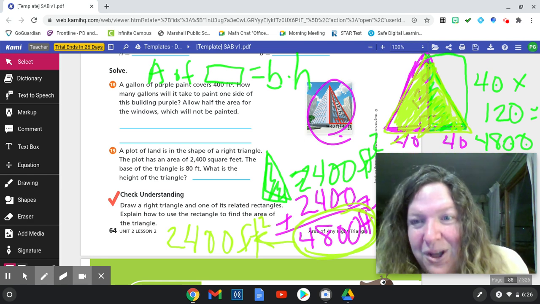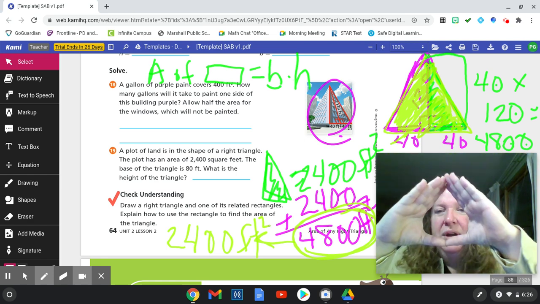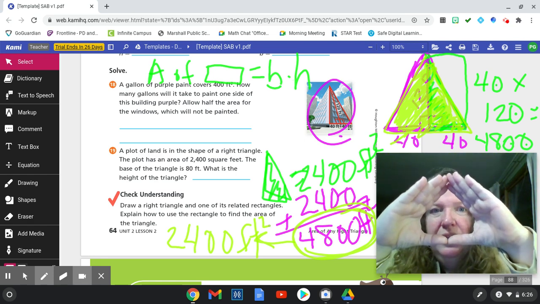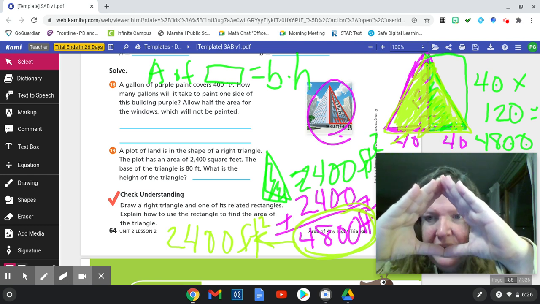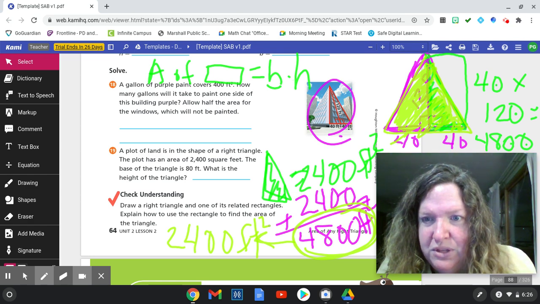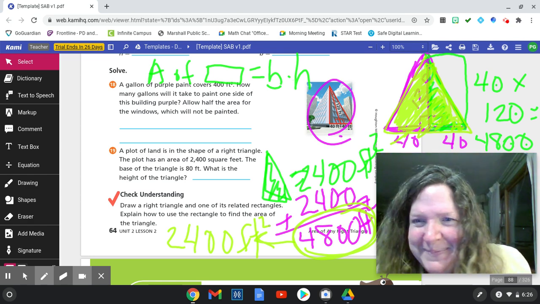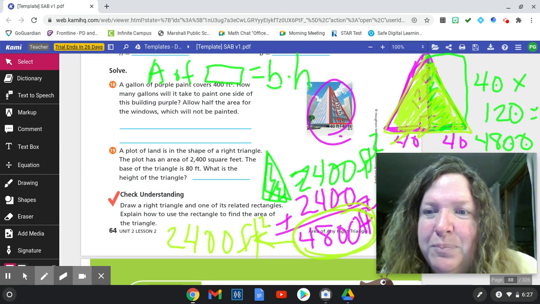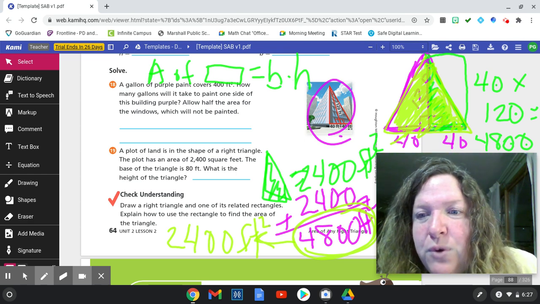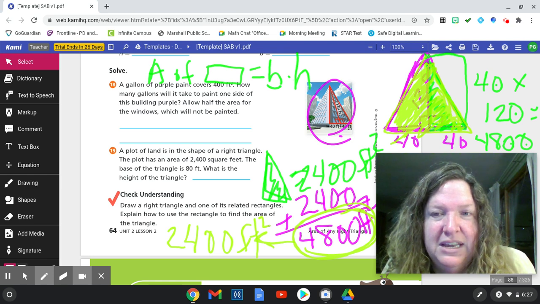There it is. So now we say we are going to paint 2,400 square feet. Okay, is that the answer? 2,400 square feet? No. Let's go back and read one more time. A gallon of purple paint covers 400 square feet.